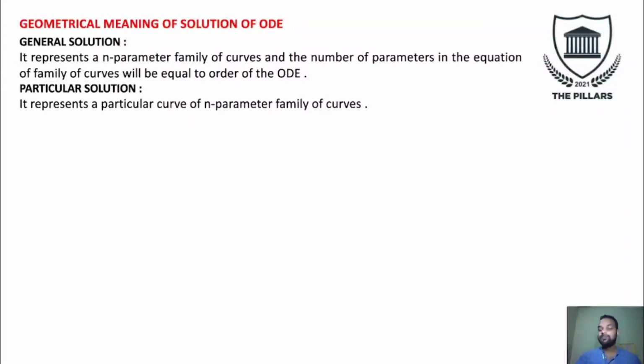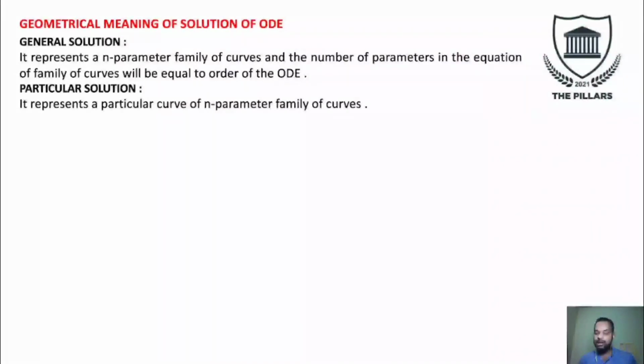In the previous slide, in the general solution we don't know the values of c1 and c2. If we take only one pair of values, like the 2 and 5 we took in the previous slide, this becomes a particular solution. So the general solution gives us the n-parameter family of curves, and if we apply these conditions, we can get a particular curve out of that family.